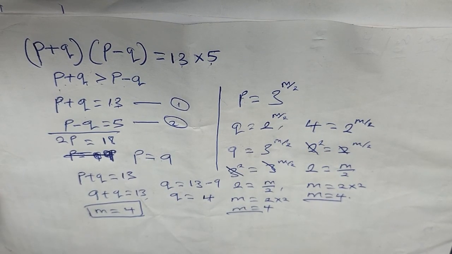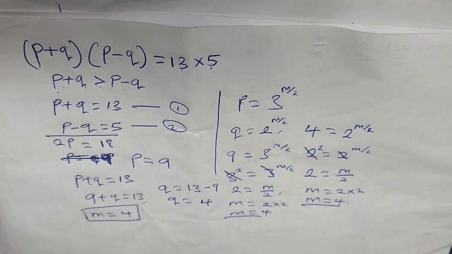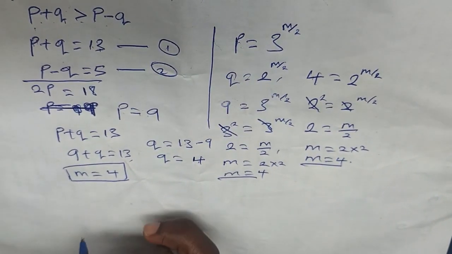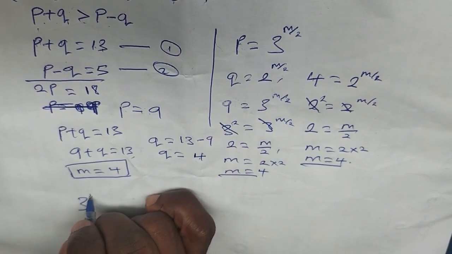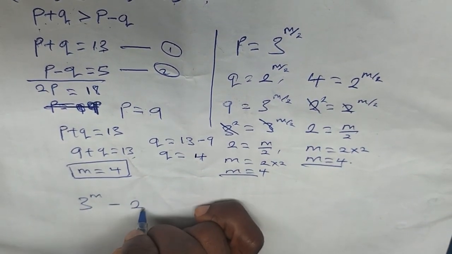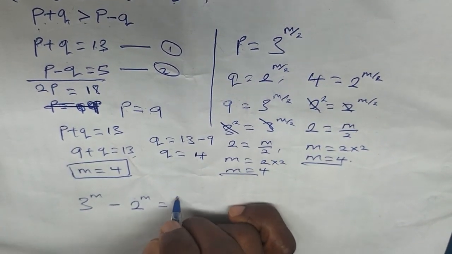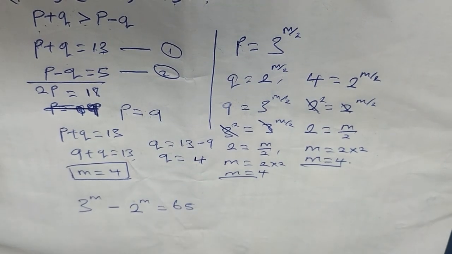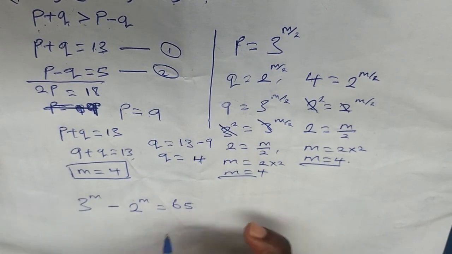So let's see whether the value of m is correct by substituting this into the previous question. Recall the question still remains the same: 3 to the power of m minus 2 to the power of m is equal to 65. Since we've gotten the value of m, let's substitute.